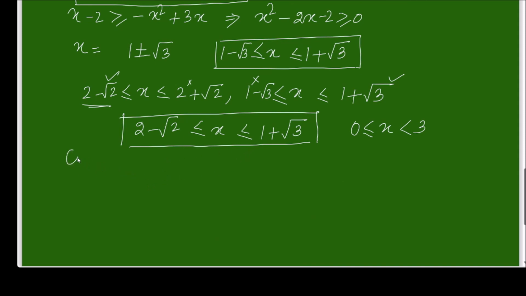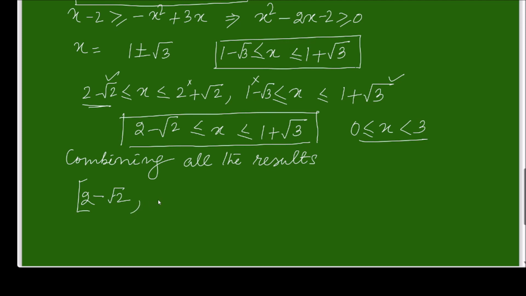So combining all these results, 0 to 3, this is the result. I'll write this one first: 2 minus root 2 to 1 plus root 3, union, where it was greater than 2 plus root 2 up to infinity.